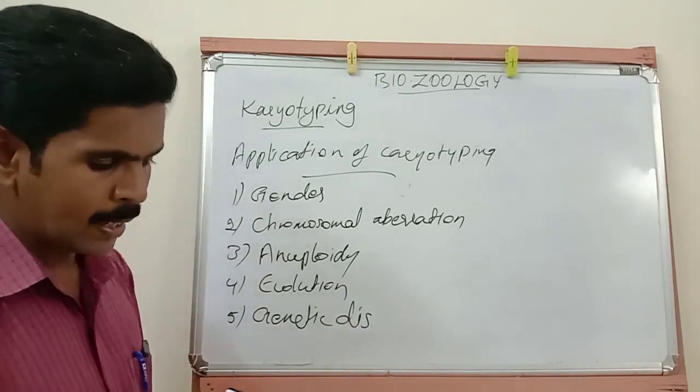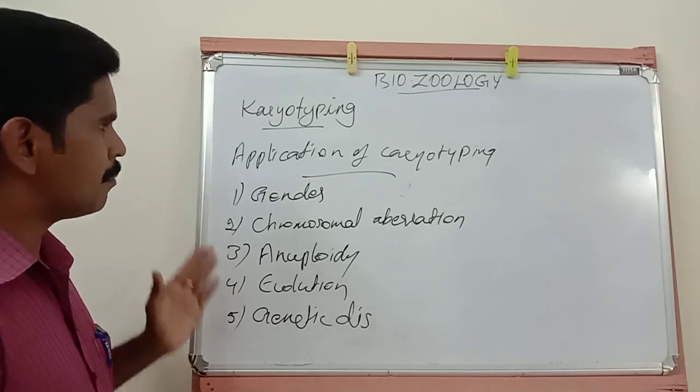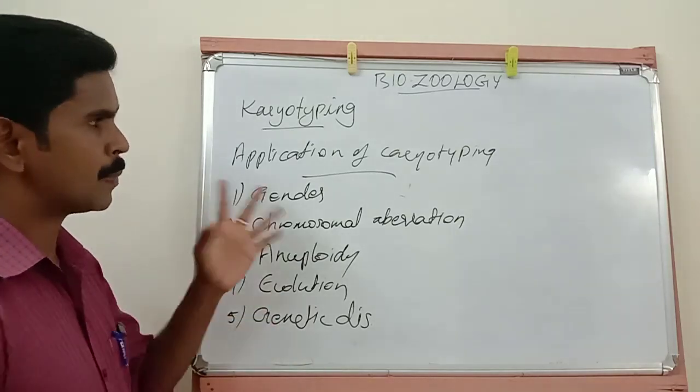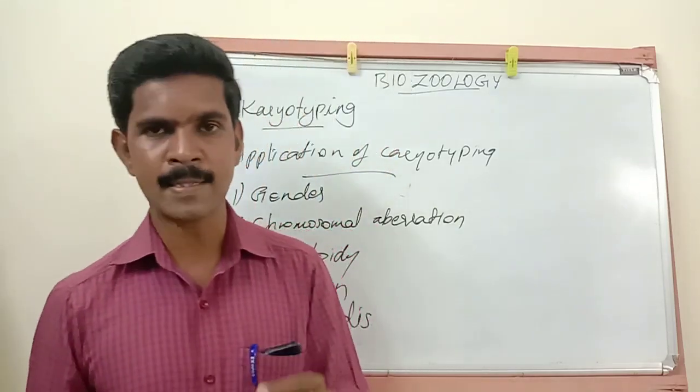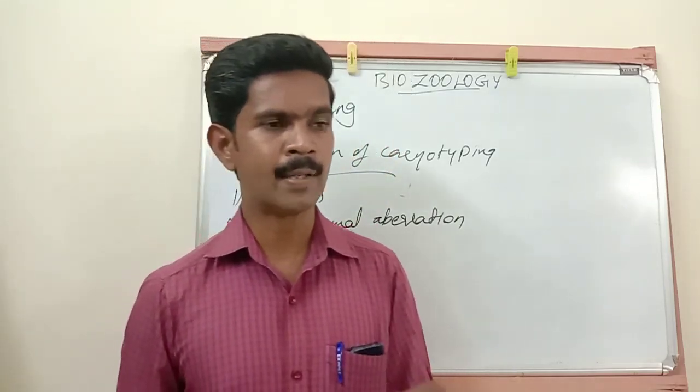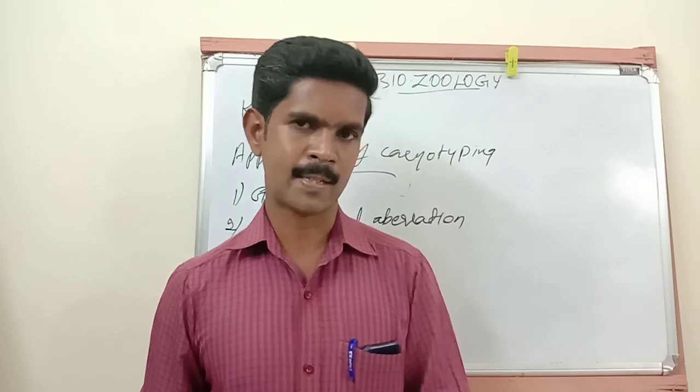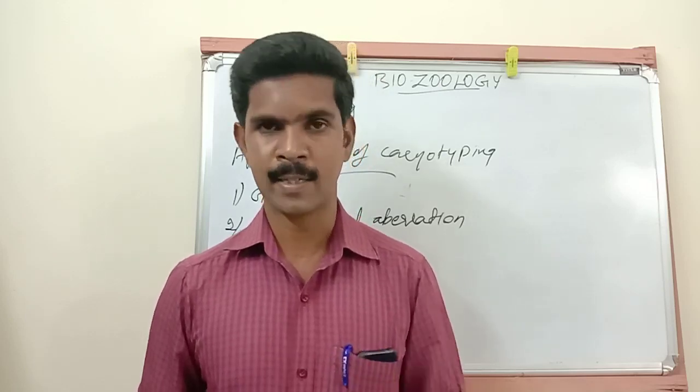So now I have explained 5 important uses or applications of karyotyping. The first application is that this technique is used to identify the sex of the fetus, the gender.